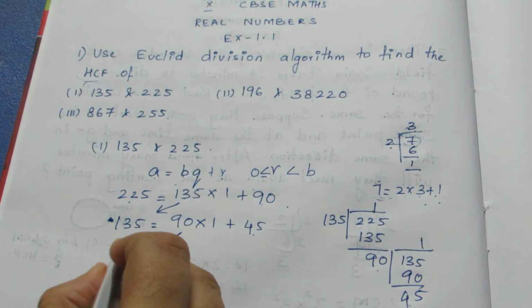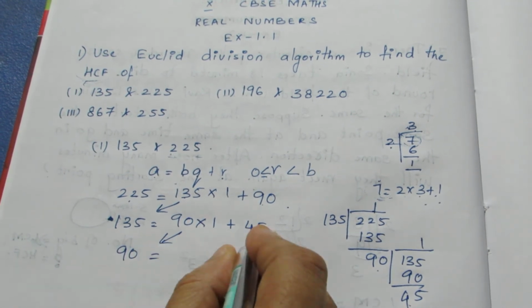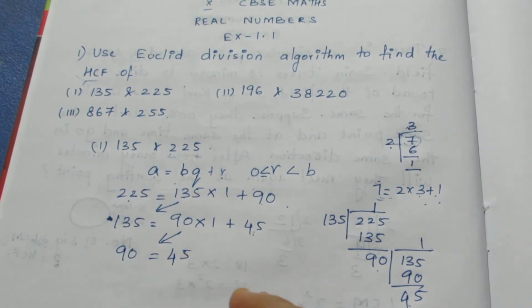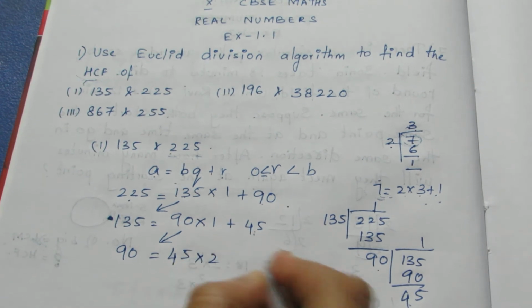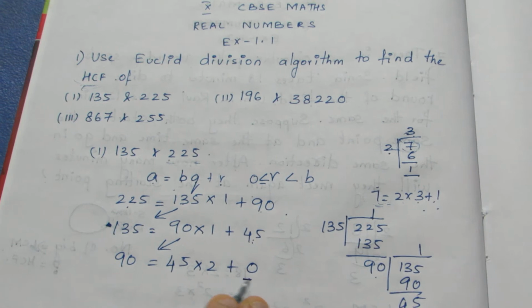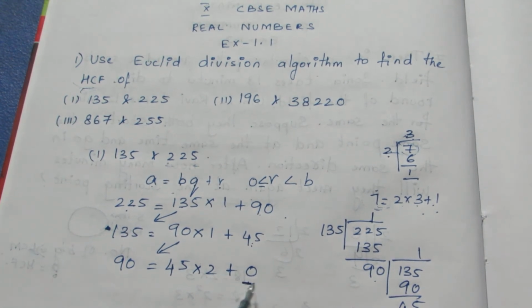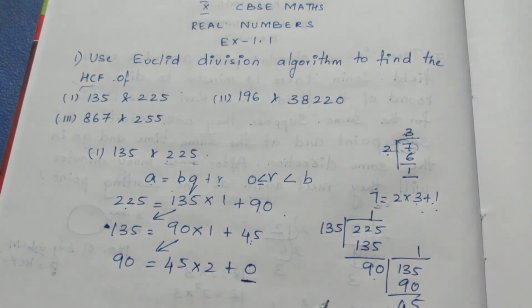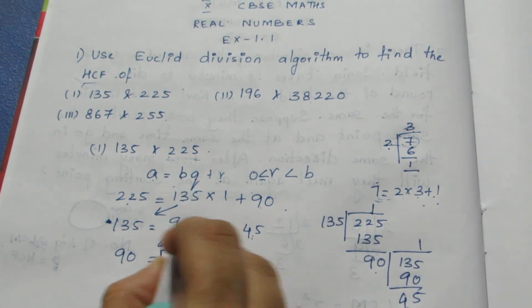Again bring 90 to A's place and 45 to B's place. Now 45 2s are 90, plus 0. Stop when 0 comes. The remainder should be 0. If the remainder is 0, just stop.